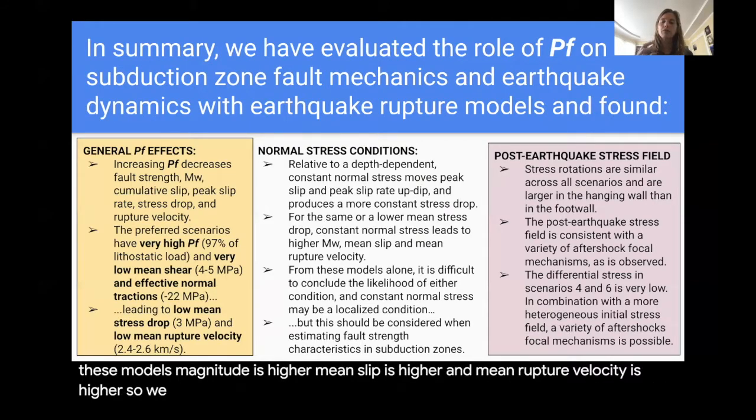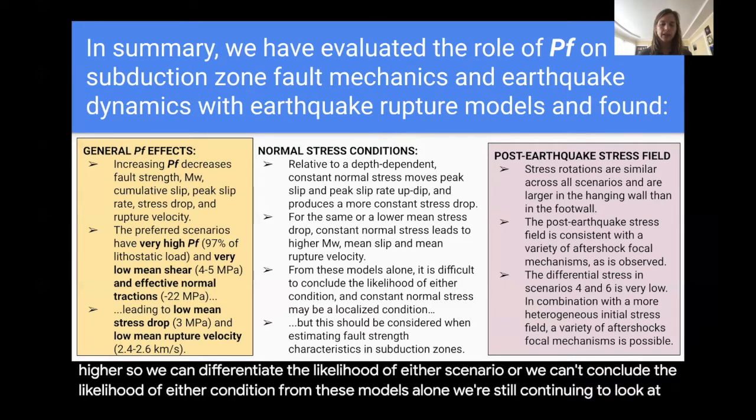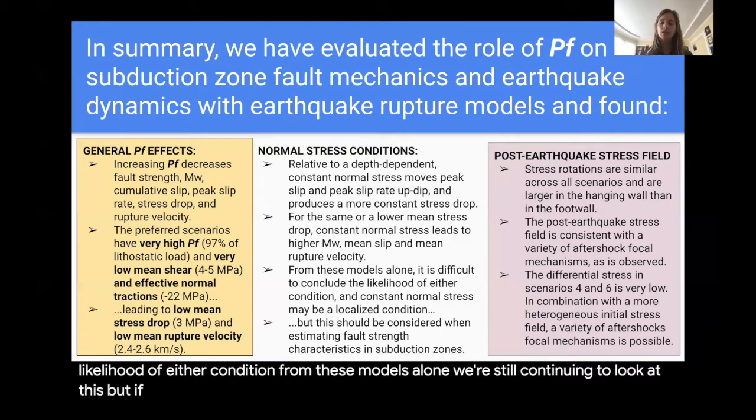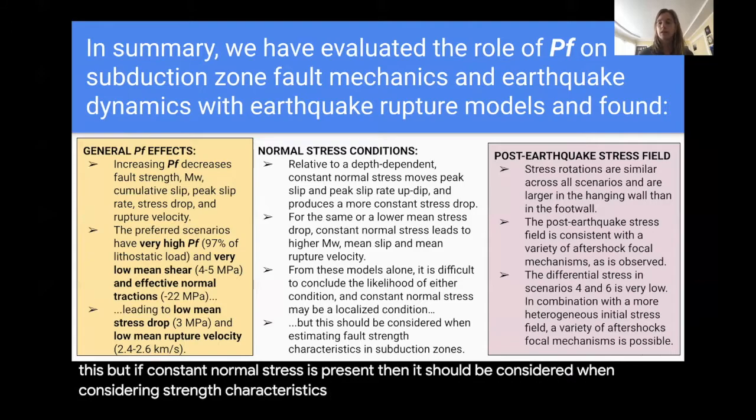So we can't conclude the likelihood of either condition from these models alone. We're still continuing to look at this. But if constant normal stress is present, then it should be considered when considering strength characteristics of subduction zones.